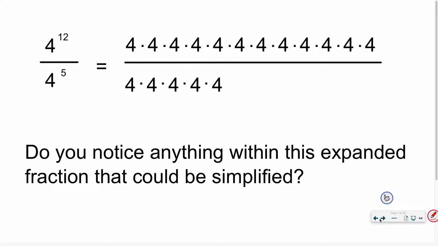Now taking a look at this broken out division problem, which is really a big fraction, is there anything that we could simplify? You're going to have to be a little more specific, since the only thing up on the board are a whole bunch of 4s. If you're saying the 4, what do you mean? All of them are gone?